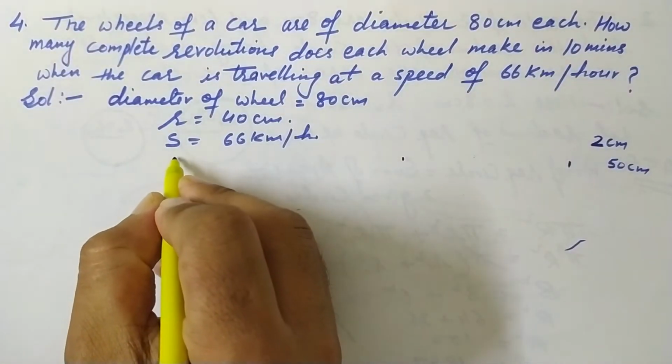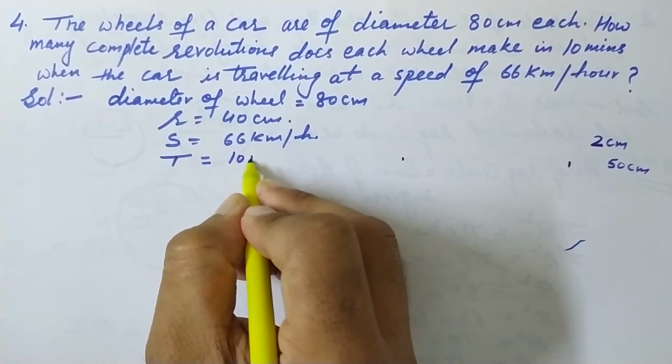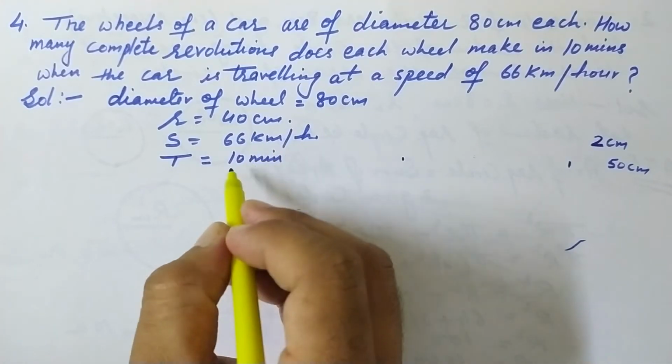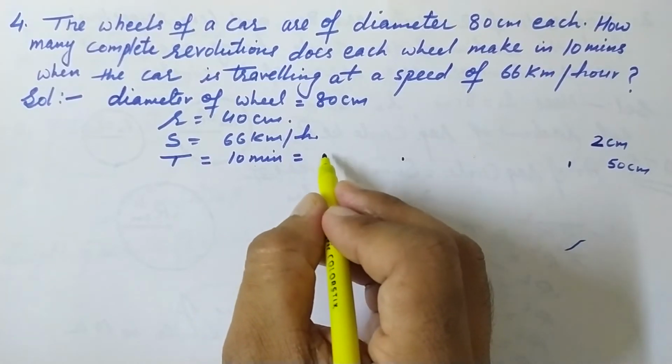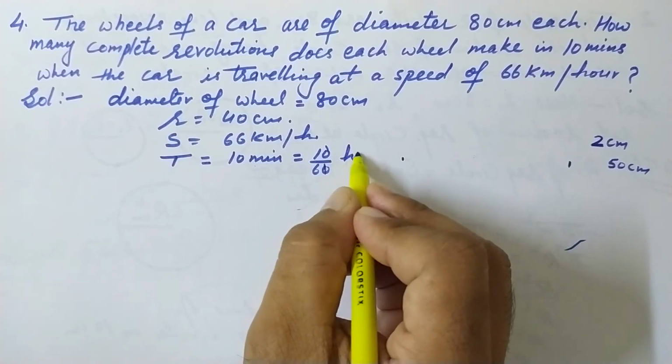And time is 10 minutes, right? So see here, speed is in kilometer per hour, time is in minutes. So change this time also into hours. 10 minutes is equal to 10 over 60 hour, so that is 1 by 6 hour, right?